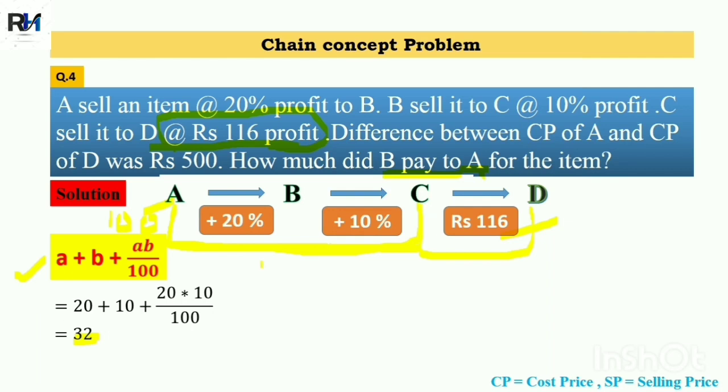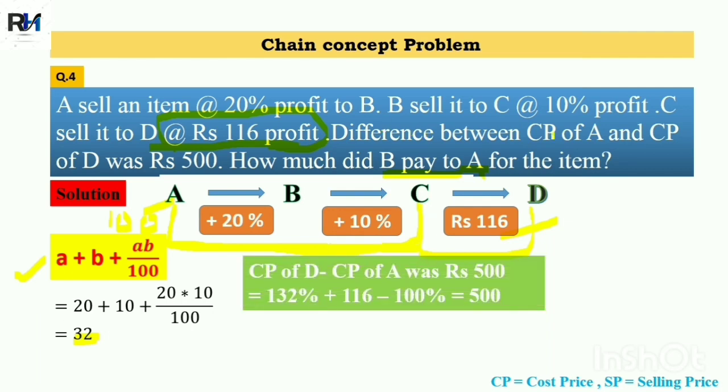Okay, so in the question it has been given that the difference between CP of A and the CP of D was rupees 500. So CP of D must be larger than CP of A. It is common sense that A is selling the article at this much profit, therefore the CP of D must be higher.